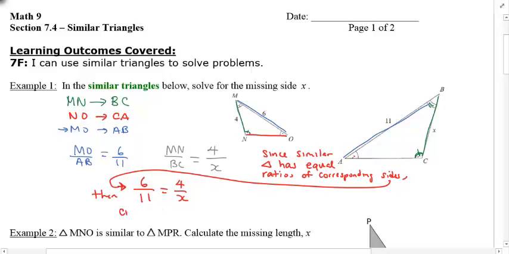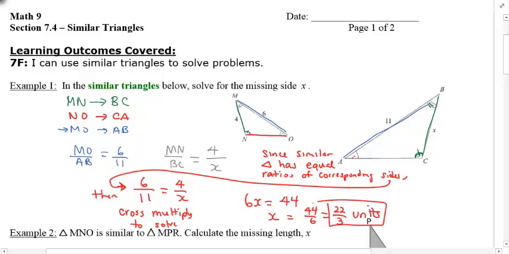I will cross multiply to solve. X equals 11 times 4, which is 44, over 6. So x equals 44 over 6, or that's just 22 over 3. I don't have units here, so I'll just say units. Done.